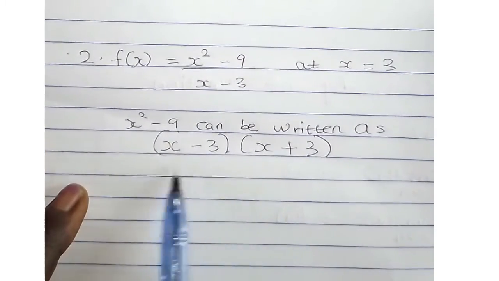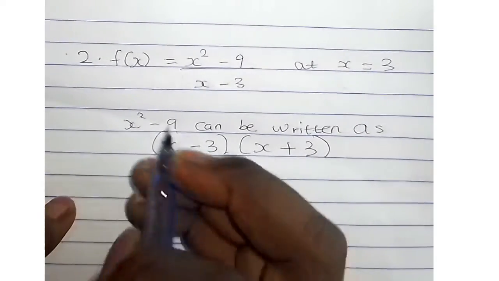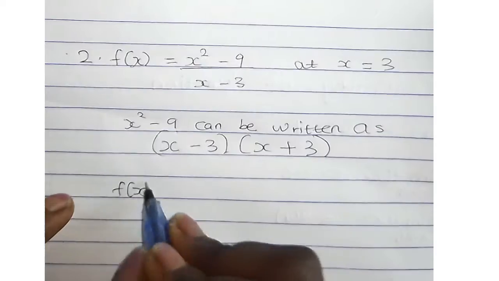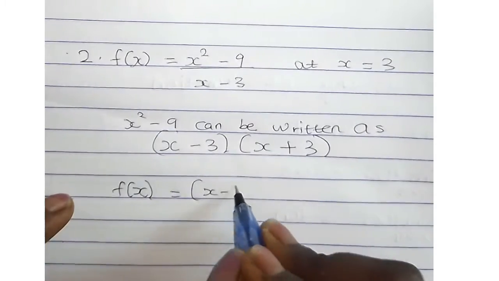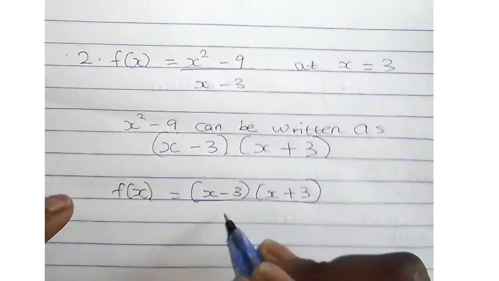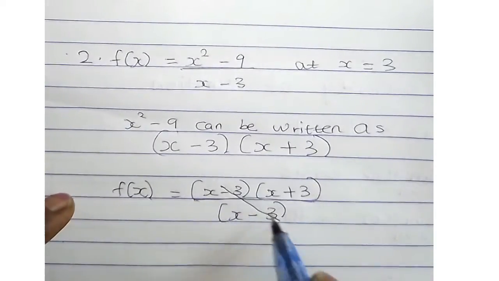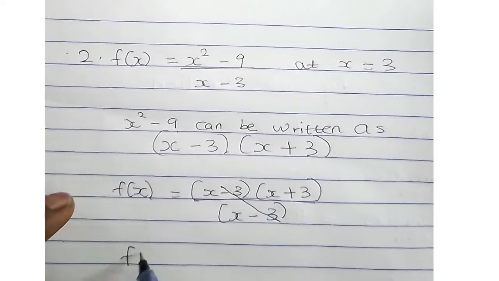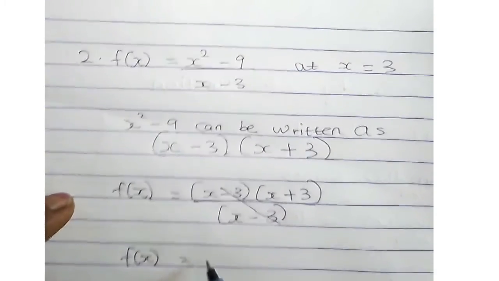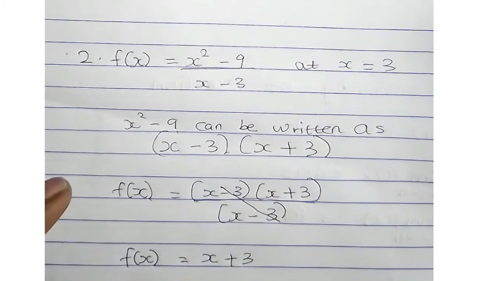So we can rewrite our function as x minus 3 times x plus 3, all over x minus 3. The x minus 3 factors cancel, so we have f of x equal to x plus 3.